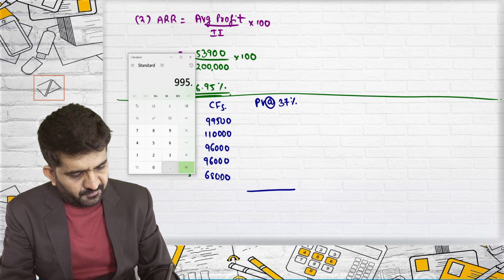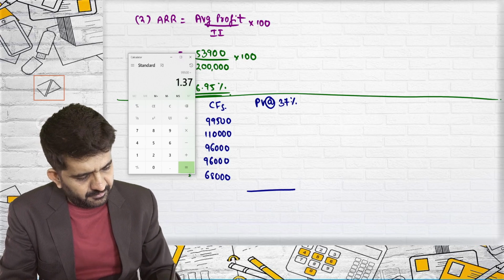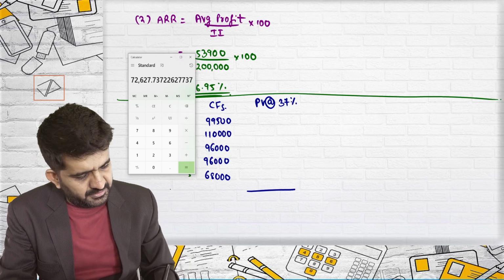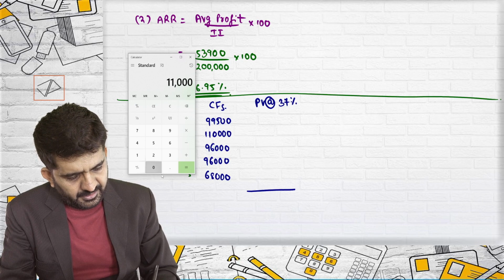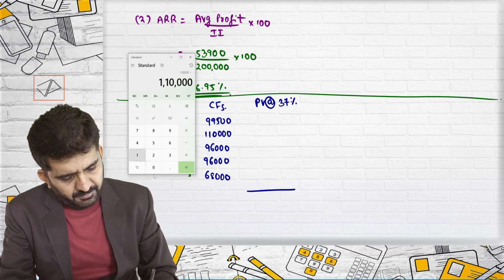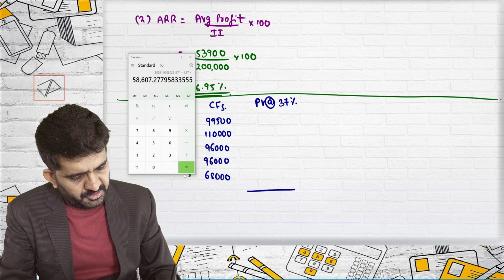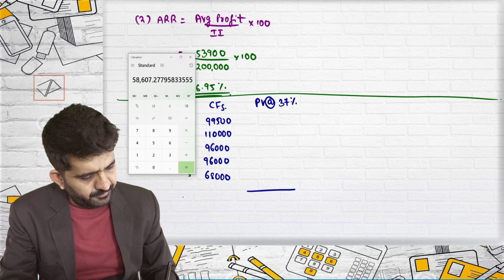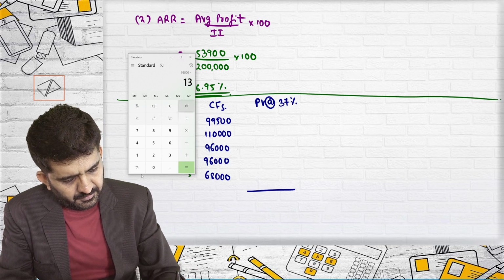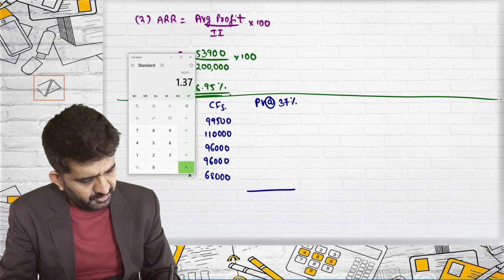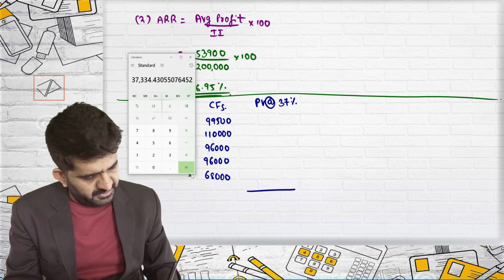It is 99,500 divided by 1.37 is equal to M plus. 1,10,000 divided by 1.37 is equal to M plus. 96,000 divided by 1.37 is equal to M plus.